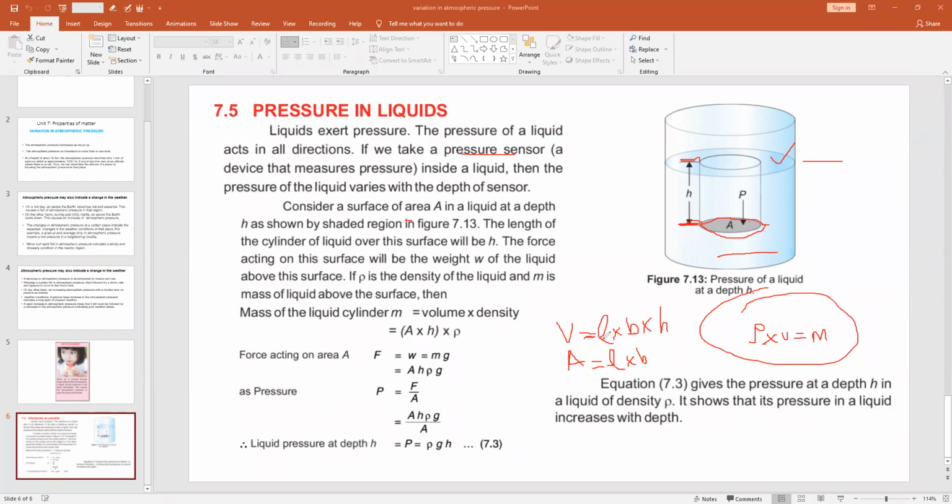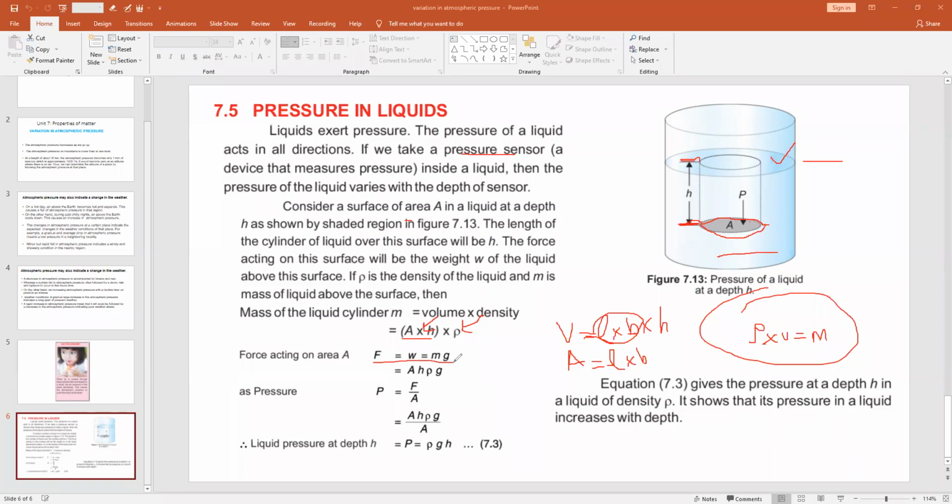So this is area into height, the formula of volume, and the density of the liquid is rho. This is the mass of a liquid that can be measured in a cylinder. As you know, the force acting on an area in a downward direction, force will be equal to W, and W is equal to mg.